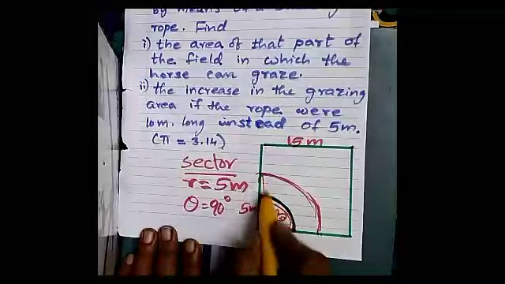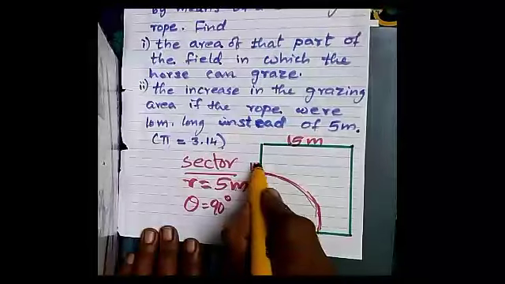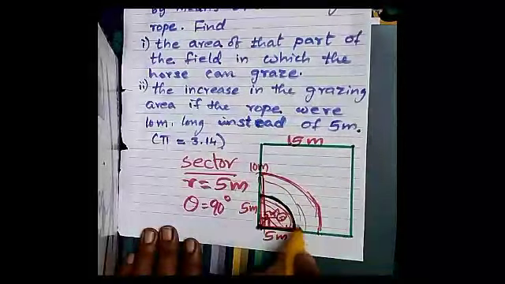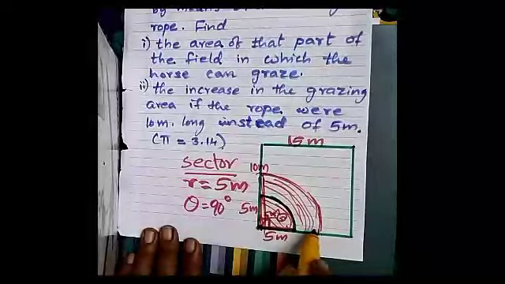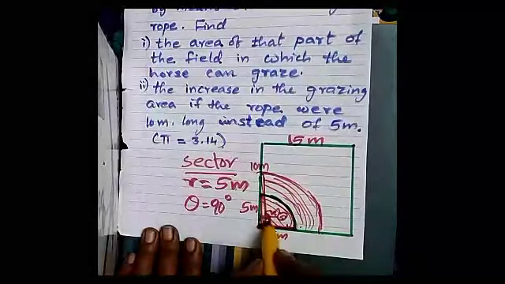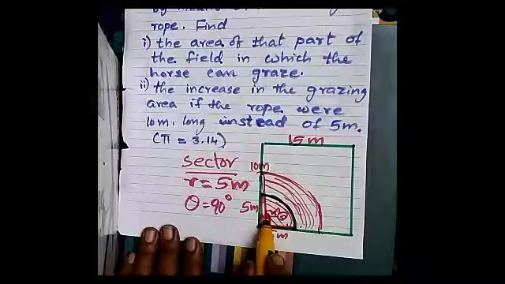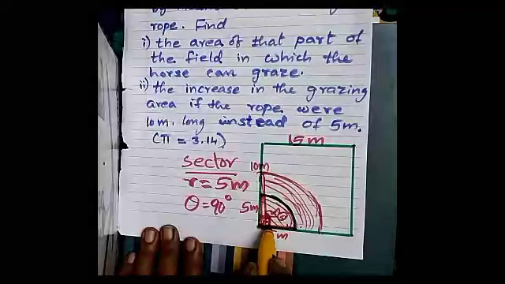What's the length of this rope? It is 10 meters. So this also is a sector. This portion is also a sector with the same angle 90 degree and radius is 10 meters, that's the length of the rope.